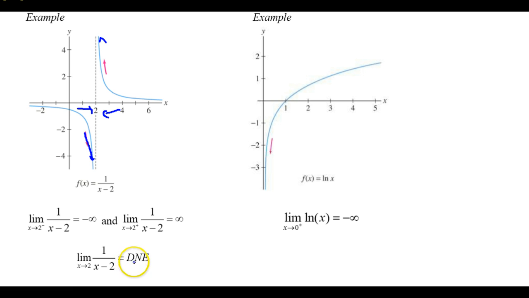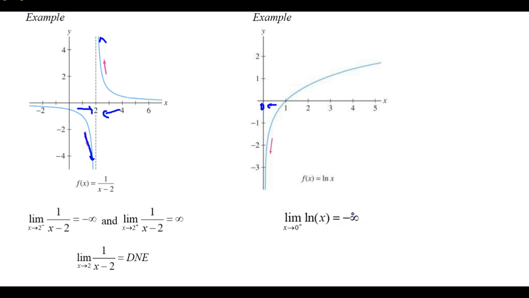put does not exist. And now in this next example, I can consider the natural log function, and this is one of those basic functions that you should know the graph of. And you should also know there's a vertical asymptote at 0 on the natural log function. So here, as I approach 0 from the right-hand side, so here's 0, what's happening to the y values is that they're going down towards negative infinity.